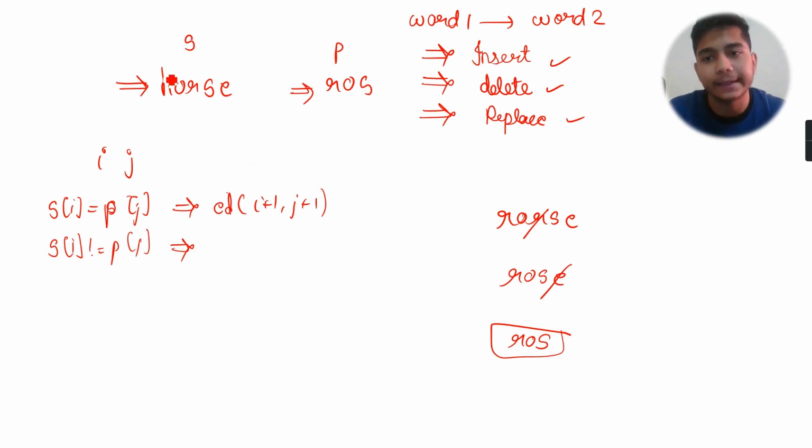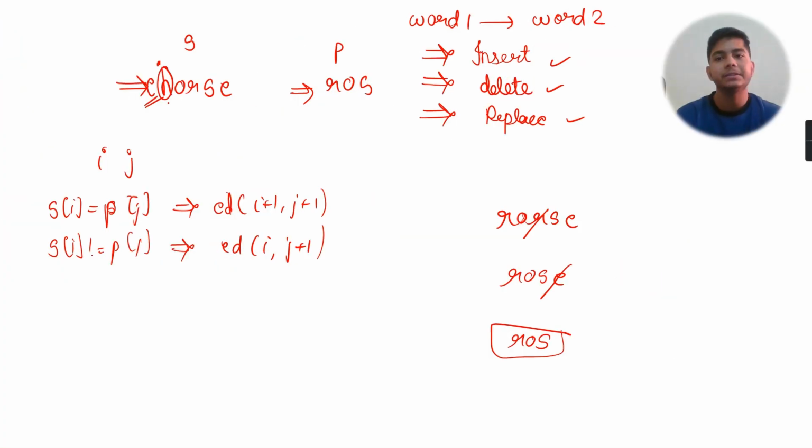So suppose I'm here and I inserted some character here. Won't I still be here only? I inserted one character here, but I am still at h, right? So it will be ed of i and j plus 1. Why j plus 1?